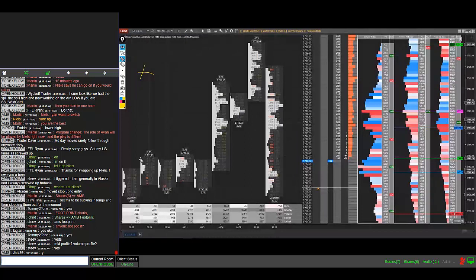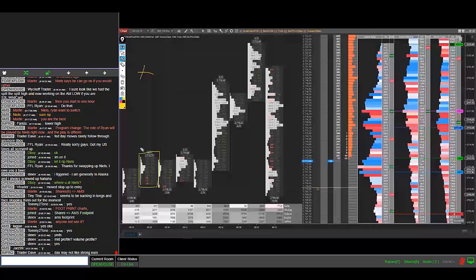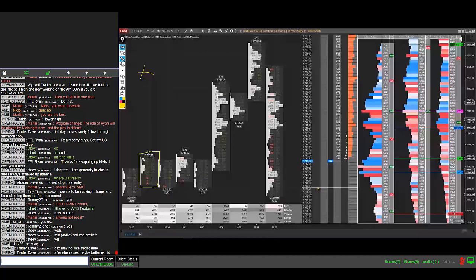Footprint data means, if you look at the bar on the bottom left, there are two numbers, one on the left and one on the right.